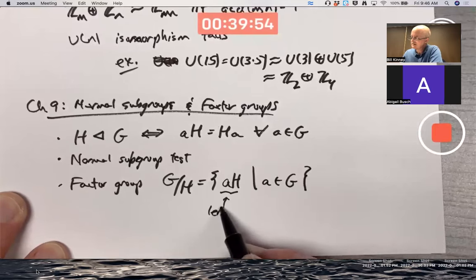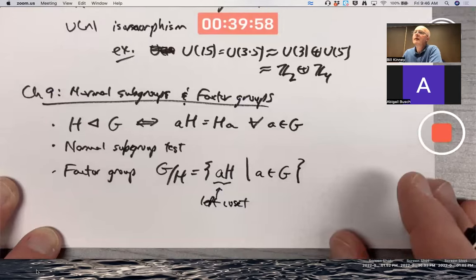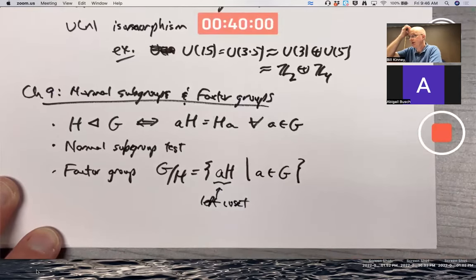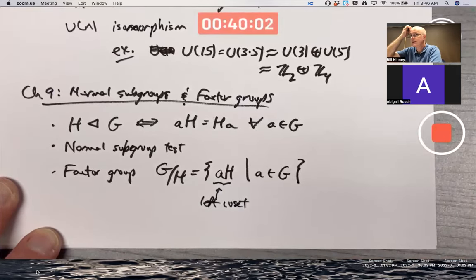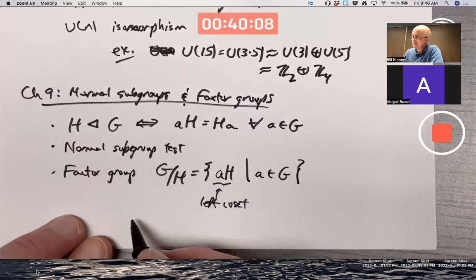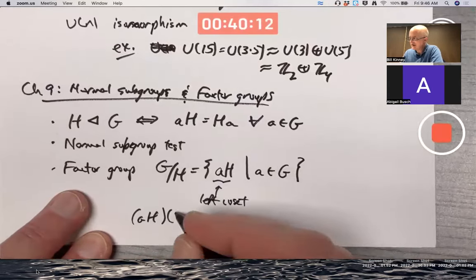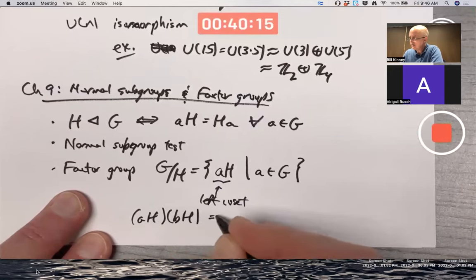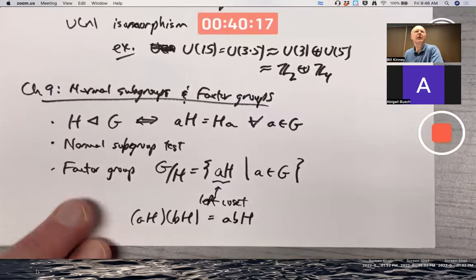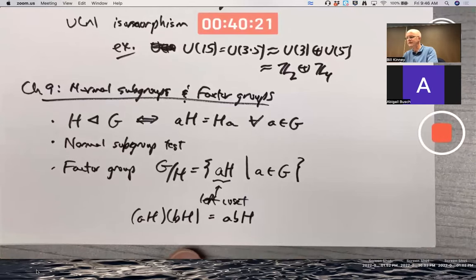Left cosets. And the group operation in the factor group is done by multiplying the representatives, right? A times H, AH times BH equals ABH.